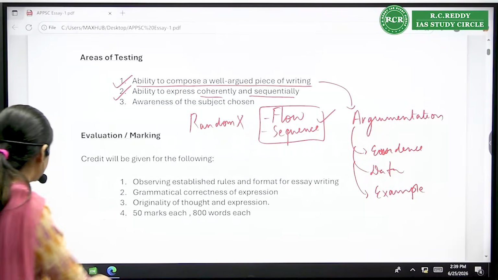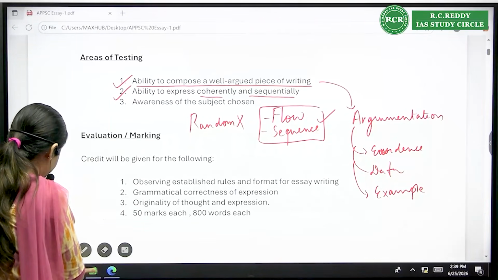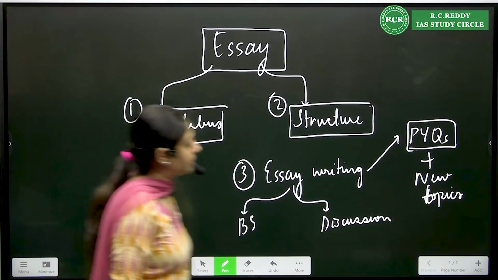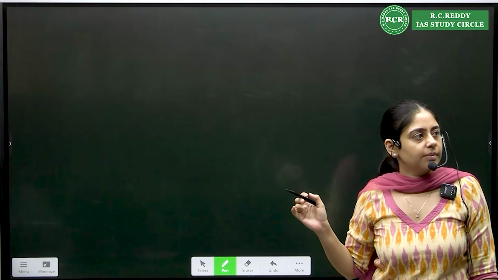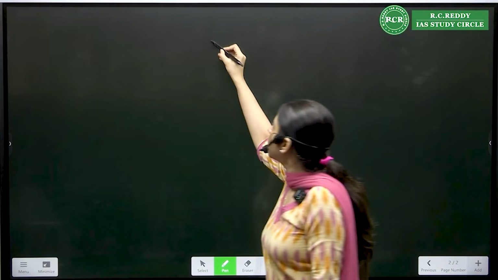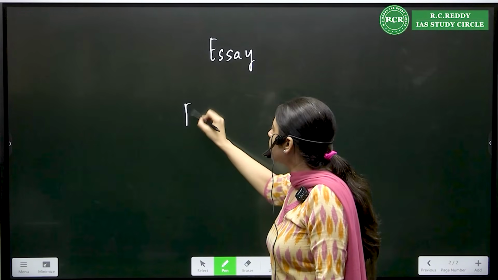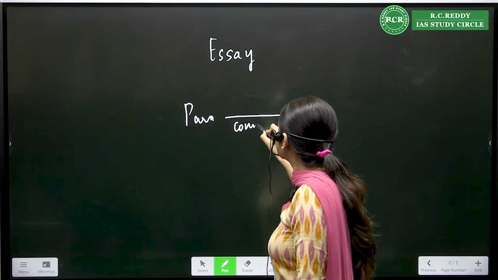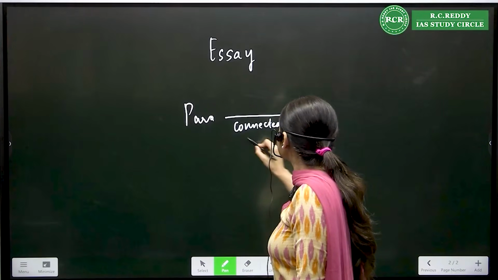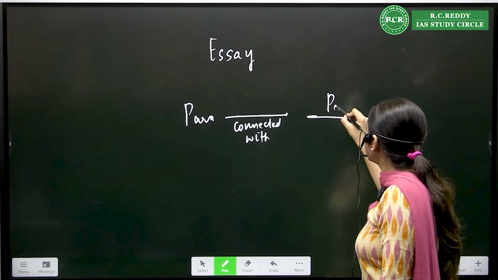When writing an essay, one of the major problems students face is connectivity. Flow is not there, and that is where they are testing you. Each paragraph has to be connected with the next paragraph.